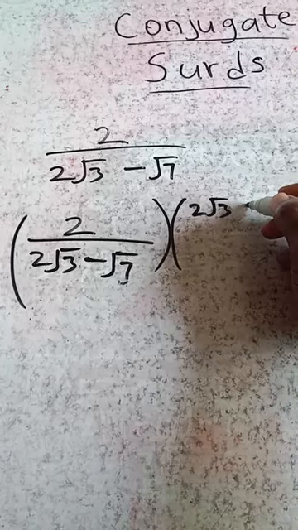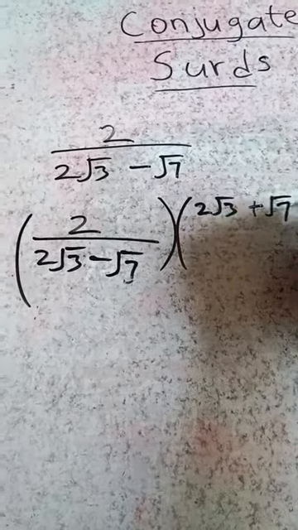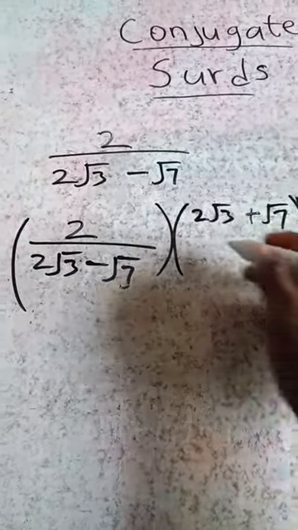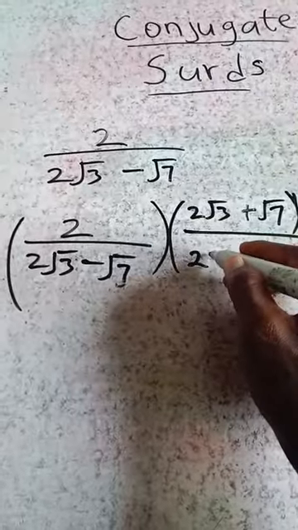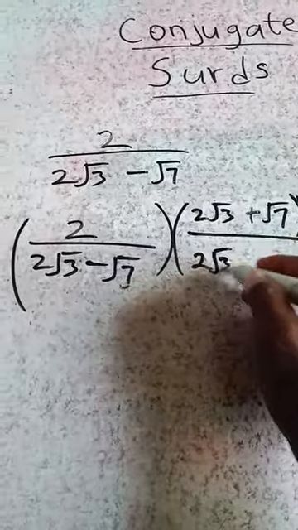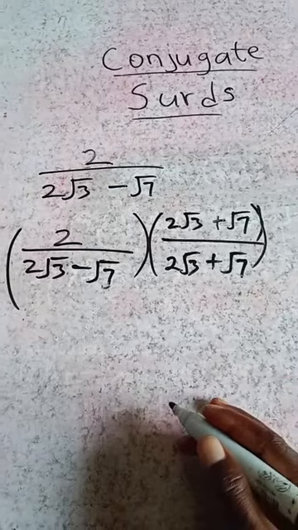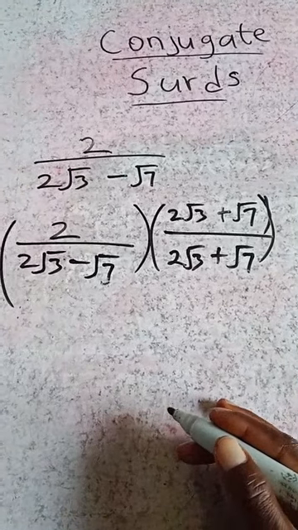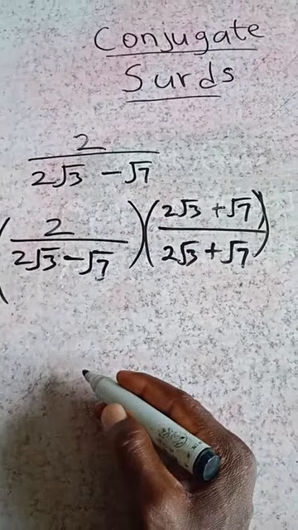So it will be 2 root 3 plus root 7. Then the same thing at the denominator, 2 root 3 plus root 7. This is the only principle we can apply such that the denominator can be without root.